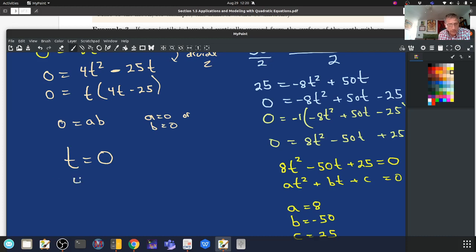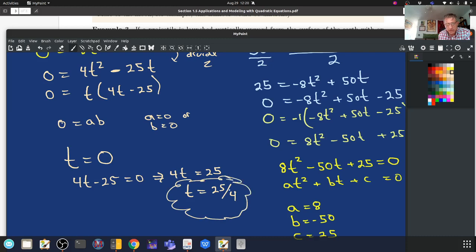And then 4t minus 25 is equal to 0, which implies 4t is equal to 25, which implies t, I divide both sides by 4, is 25 divided by 4. That's the preferred fraction. You already know that this is just a little over 6 seconds.